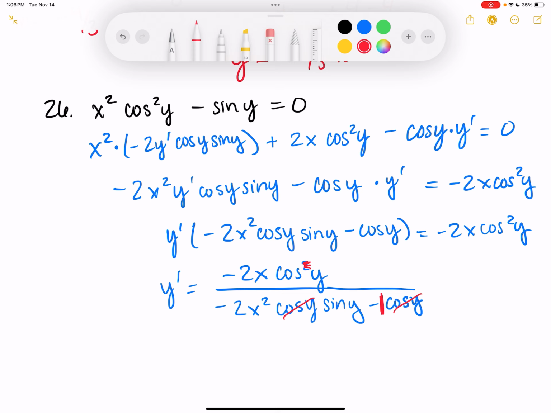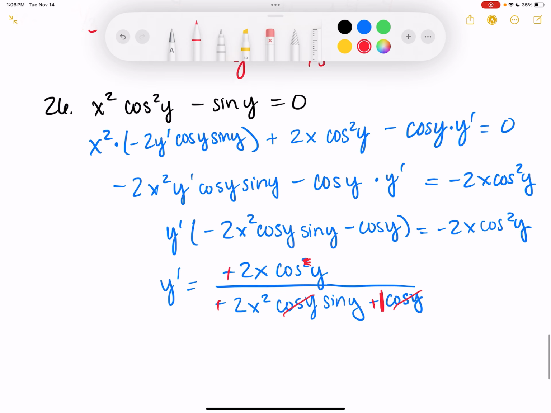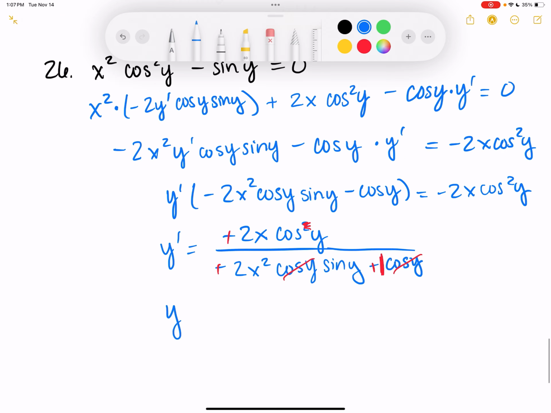What else can I do? 2x is only in one piece of the bottom. But what is still in every piece? A negative, so I can make all of those positives just to make life a little bit easier. So now, just to make it easier to see, y prime is equal to 2x cosine y divided by 2x squared sine y plus 1.